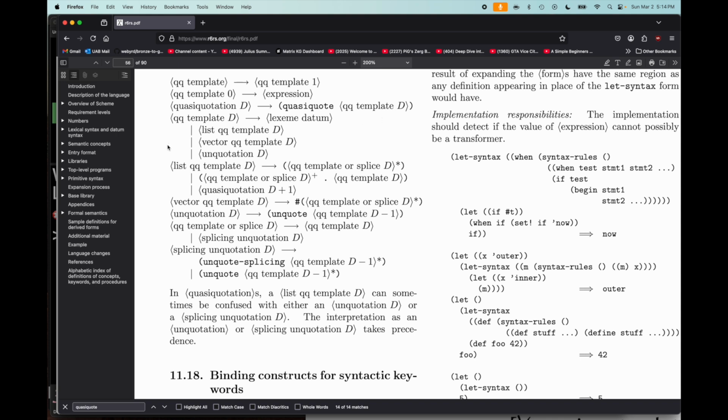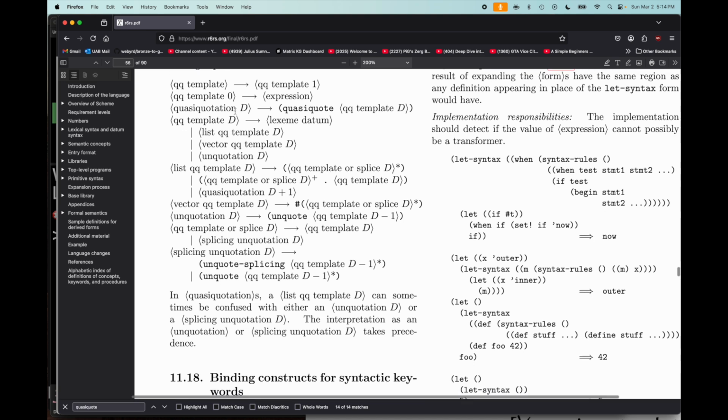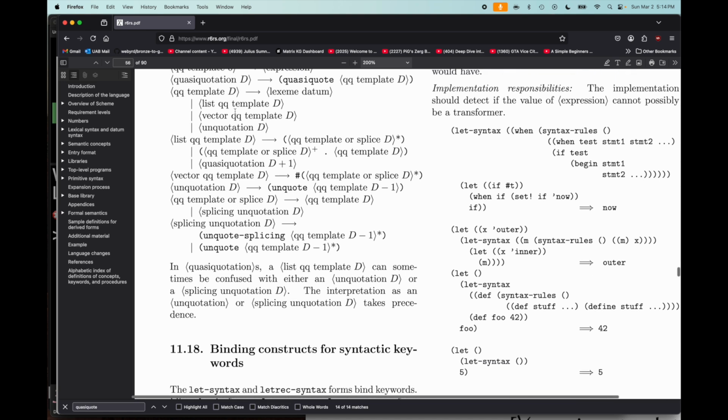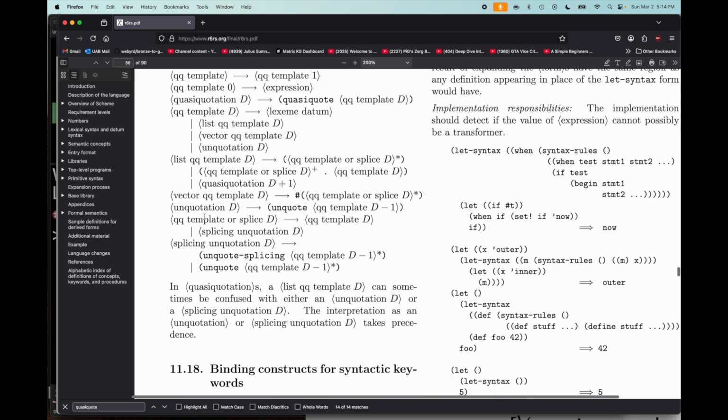Quasiquote. All right, so this is kind of interesting, first of all. I've never read this part. So we have to keep track of the depth, and we have the depth counter that we're passing around. Also, quasiquotation can involve vectors, which is something I learned recently. Not just lists, but vectors. So that's kind of cool.